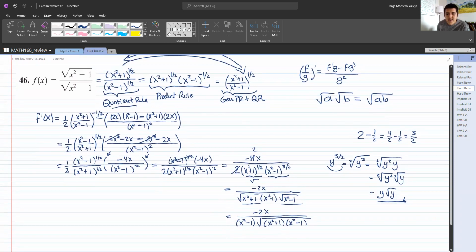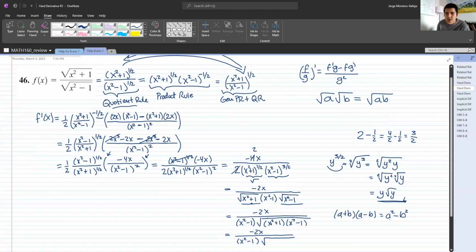the thing to notice now is that inside this square root, you see that you have almost the same thing, but with the middle sign different, right? And that should remind you of this other property. Okay, because now you can do minus 2x divided by x squared minus 1, and then square root of, well, this is our a, like here, right?